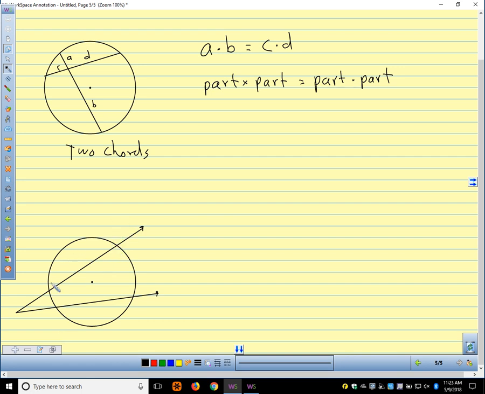I'm going to label this part that's outside the circle D, this part that's inside the circle C, this part B, and this part A. So I would label your little circle in your flip book just like this. I know that it's kind of small for the B and the D there.